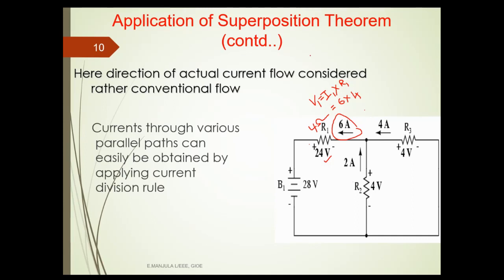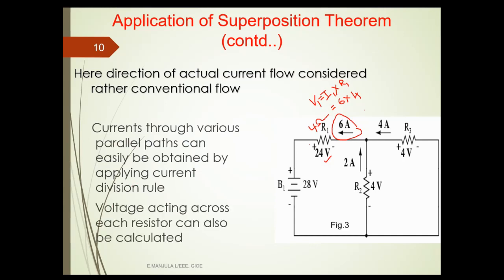How will we find the currents across these two? The currents through various parallel paths can easily be obtained by applying the current division rule. I will show that also for easy understanding.